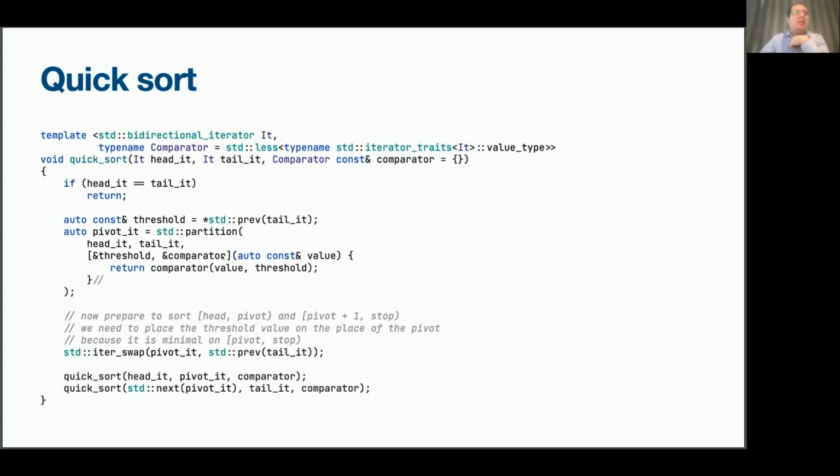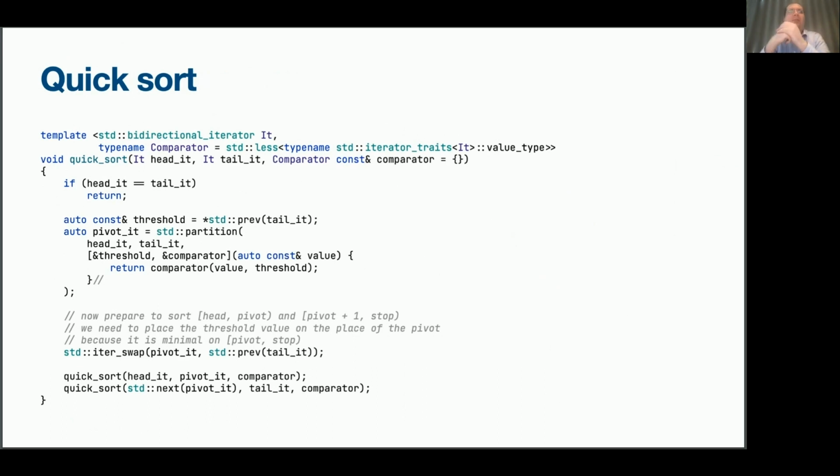Once we are done with the partitioning, we swap our last element, the pivot element, with the one at the pivot position, so that it is the lowest of the right part, and we apply quick sort to the left part and to the right part. It's the principle of divide and conquer.